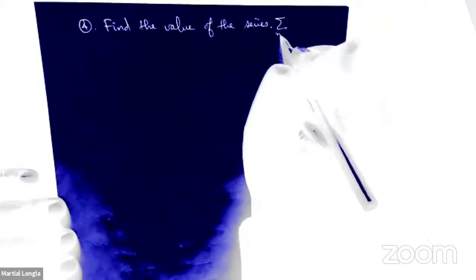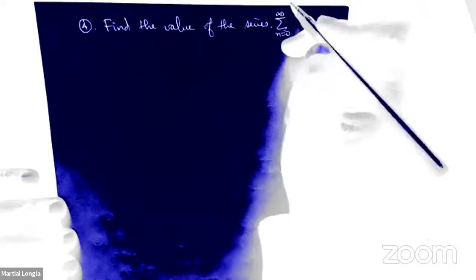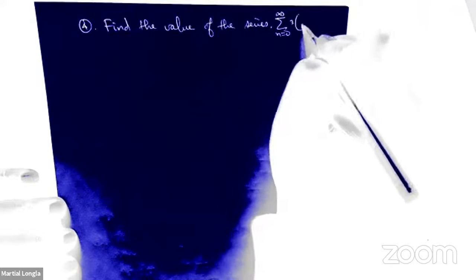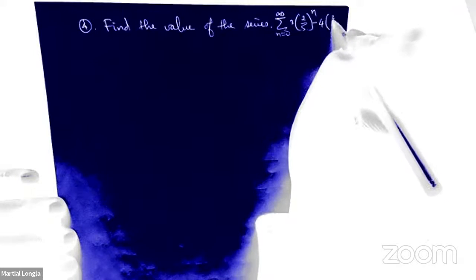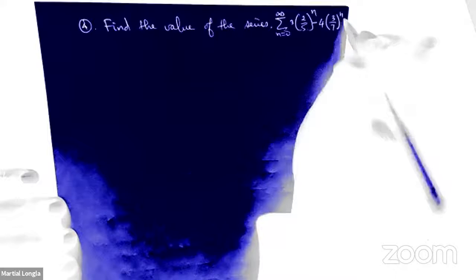And the series is the sum from 0 to infinity of 3 to the 5th to the n minus 4, 3/7 to the n. That's the easiest possible geometric series you could get.